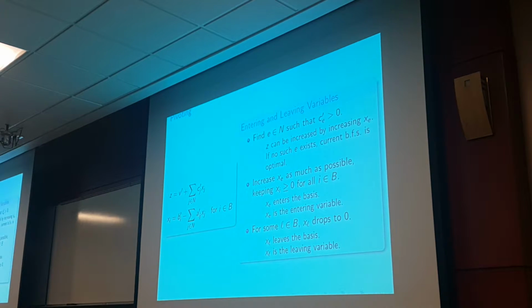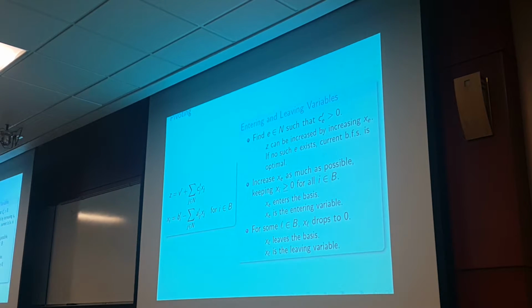So here's the idea. You look at your dictionary like this. Here's the dictionary, and these are zeros, and these are just a di prime. And what you do is you look at the coefficients of this objective function, and you look for a variable xe that has a positive coefficient.